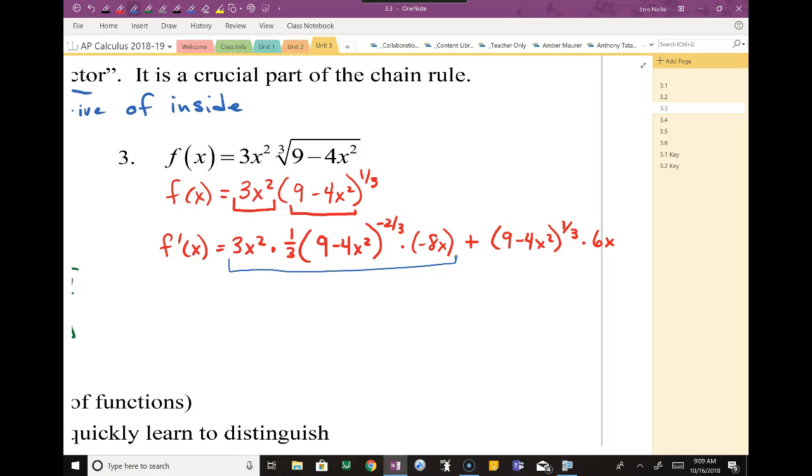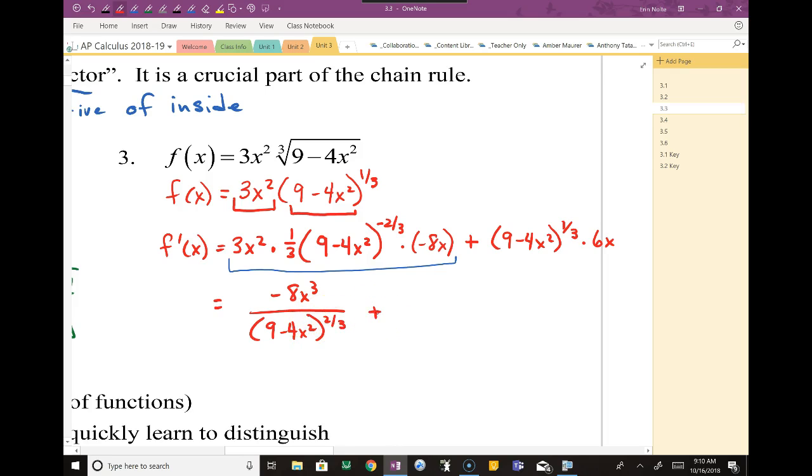But I have to multiply 3x squared times 1/3, which would be x squared, and then multiply x squared times that -8x. What's x squared times -8x? -8x cubed. I'm going to put that quantity into the bottom, and the exponent turns positive.